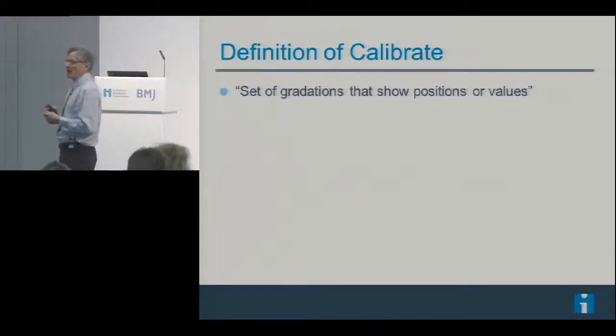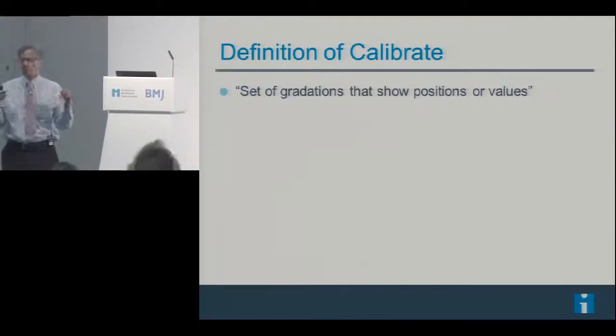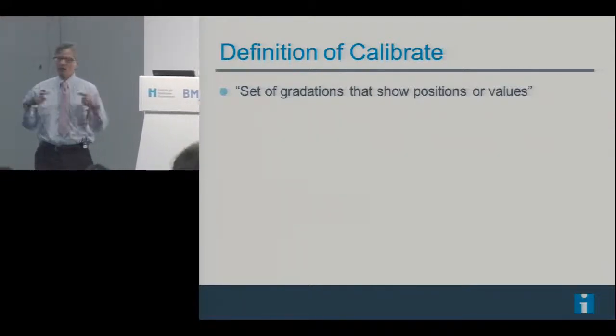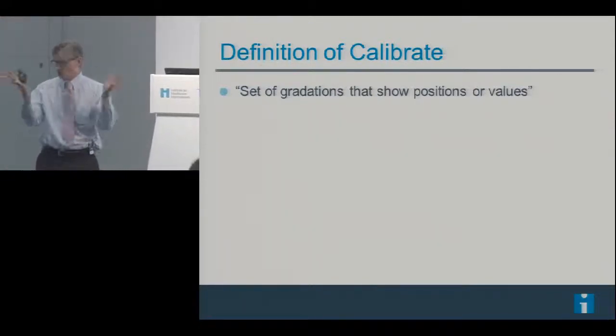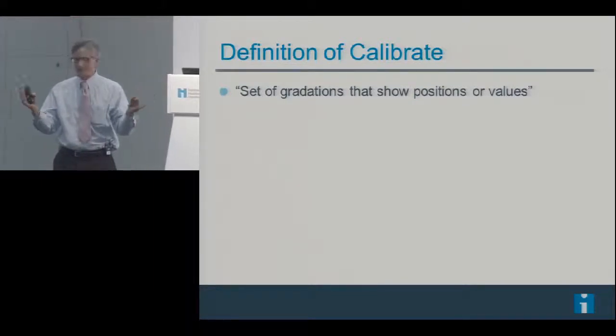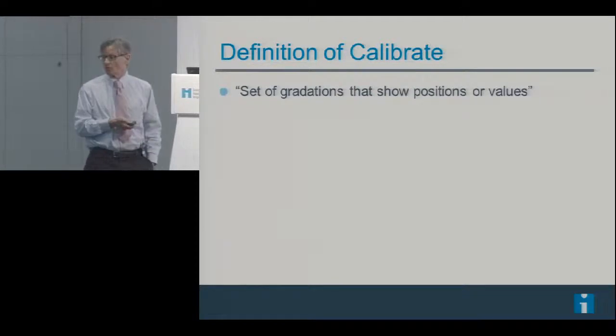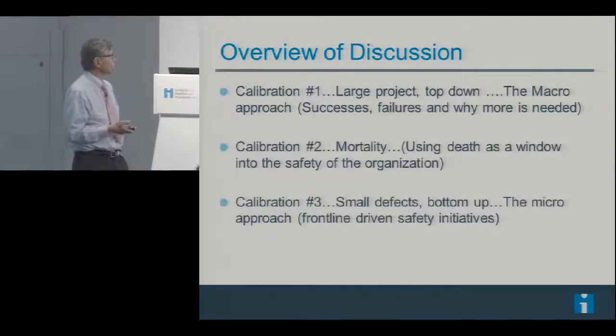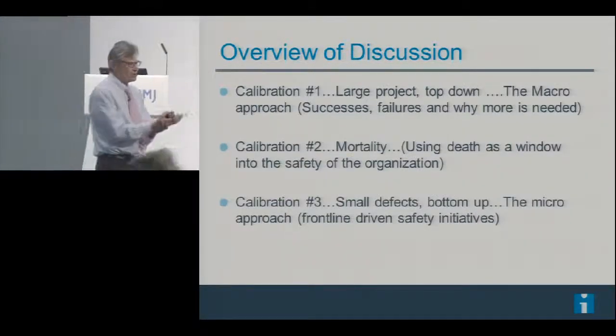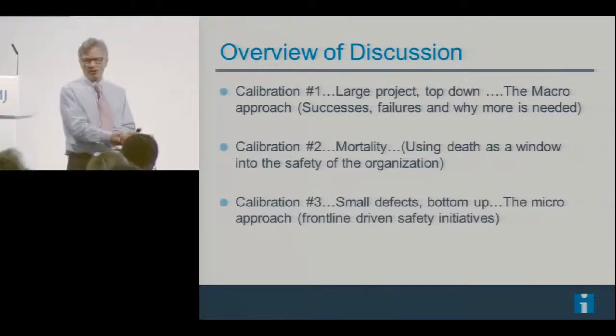We are going to hypothesize today that there is a third calibration that we all need to do in terms of the trajectory for safety, and we're going to present that to you today, at least for your opinion and judgment.